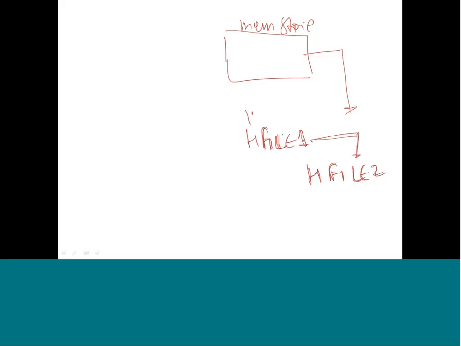If a value goes into HFile 1 after a flush and then into HFile 2, internally within HFile 1 and HFile 2, everything is sorted, correct? Yes. So HFile 2 is internally kept sorted, and HFile 1 is internally kept sorted.